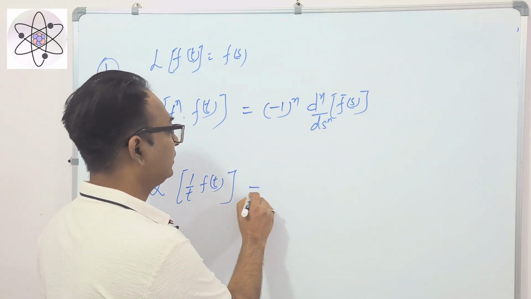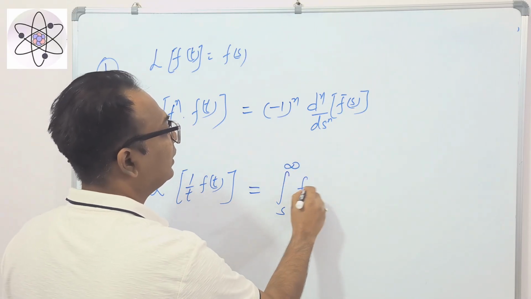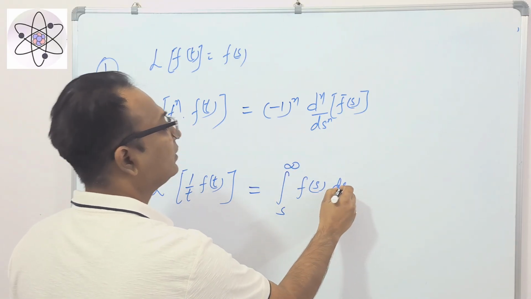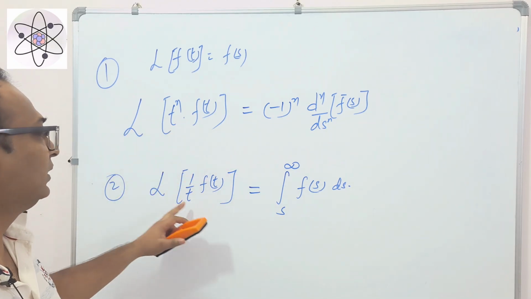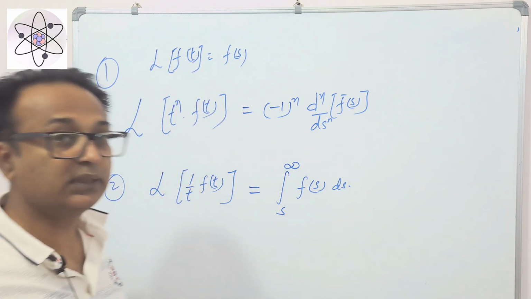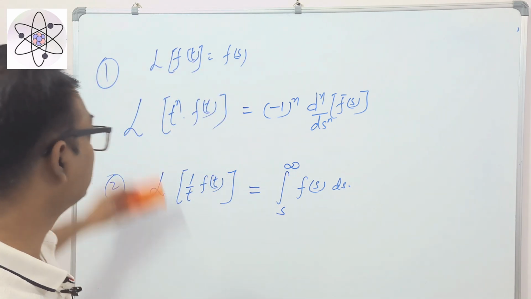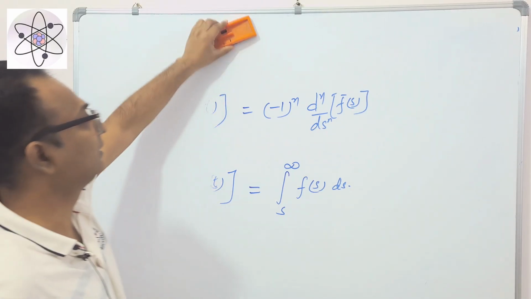So this is the integral from s to infinity of F(s) ds. That covers multiplication by t to the power n and division by t. So we have seen so many transformation methods. Now we will start examples to understand these transformation methods.